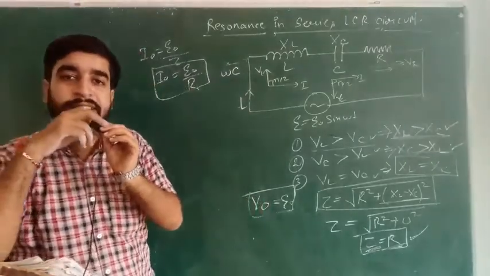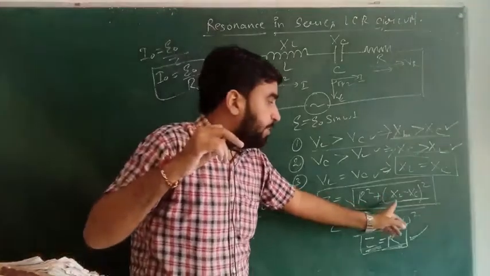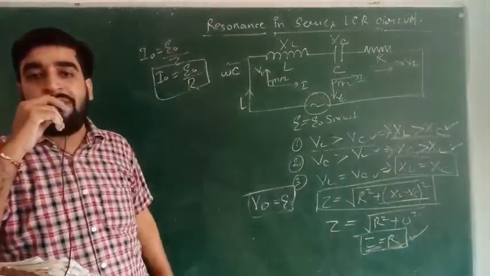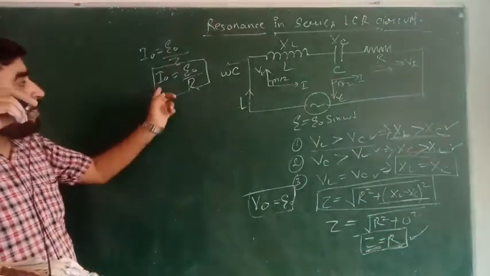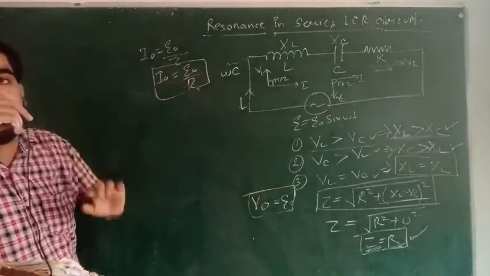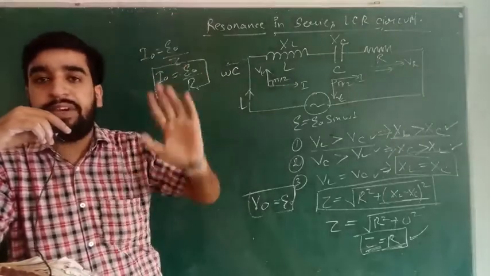Why is there an increase in current? Because in that case, XL is equal to XC. So impedance is minimum, and when impedance is minimum, current will be up to its maximum value, because current is inversely proportional to resistance. That's why the current will offer the maximum value.